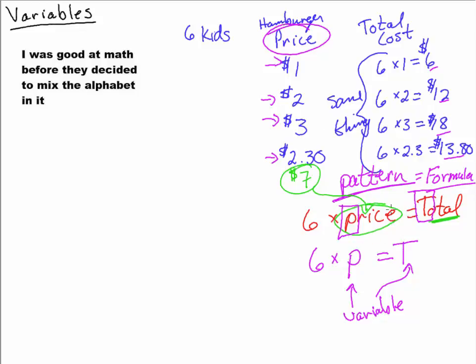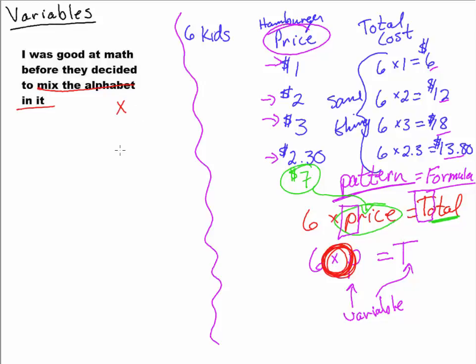Now, we're going to leave that for a bit and talk about what happens because we now have letters. You'll notice here that we have a kind of a big concern with this guy. He could be an X now. If we allow the alphabet in math, look at that. Somebody decided to mix the alphabet in math. That means the X could be an X. It could be a number that we just don't know.